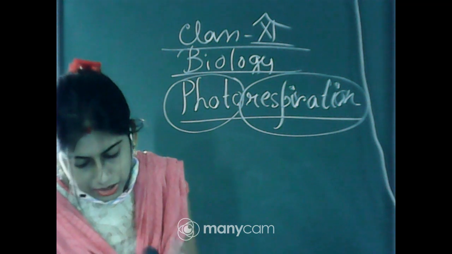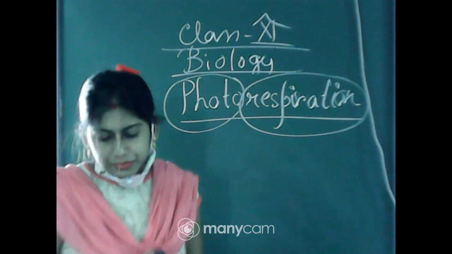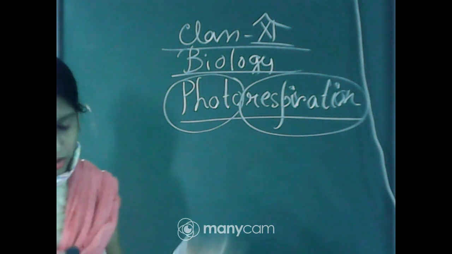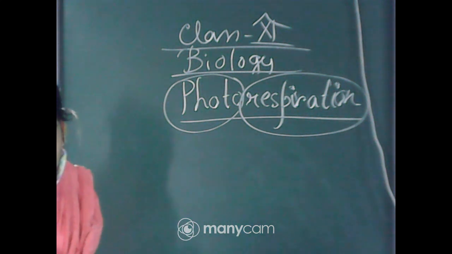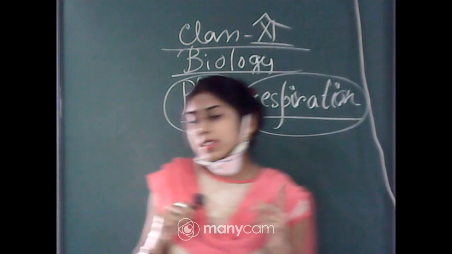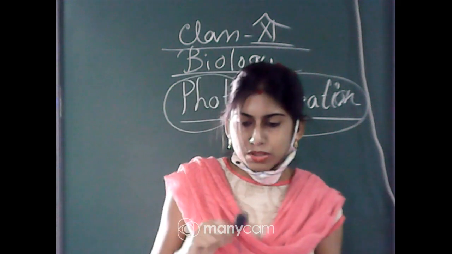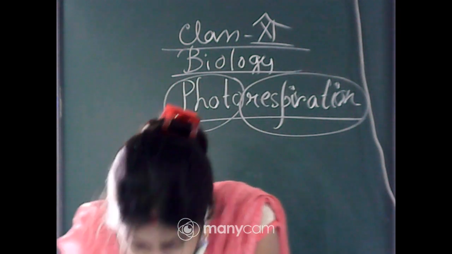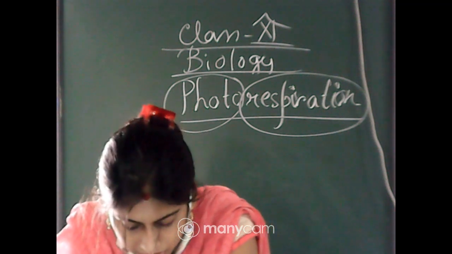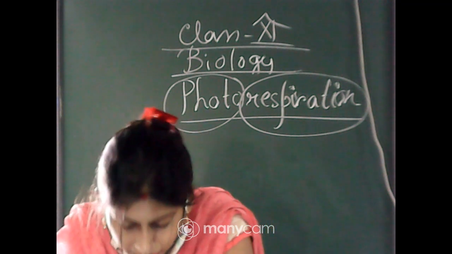So in plants, what is the meaning of this particular photorespiration? To understand photorespiration, first we have to know about the first step of the Kelvin cycle. If you can remember, just take it from the book, which one was the first step of the Kelvin cycle, that is the carbon dioxide fixation step.